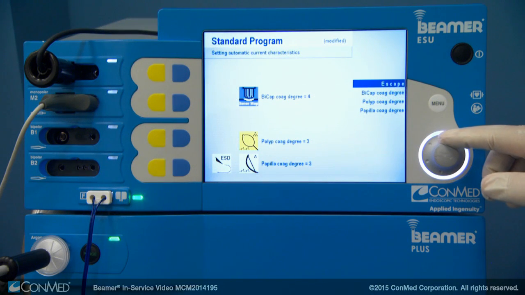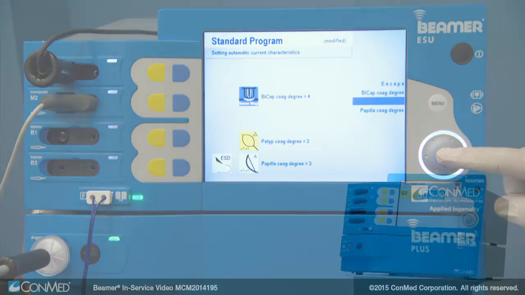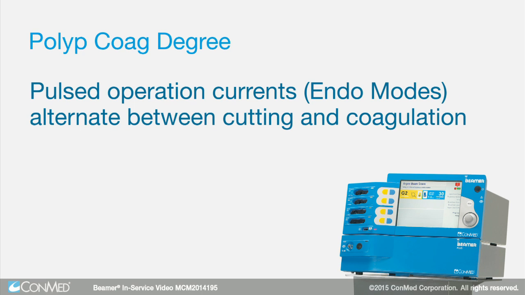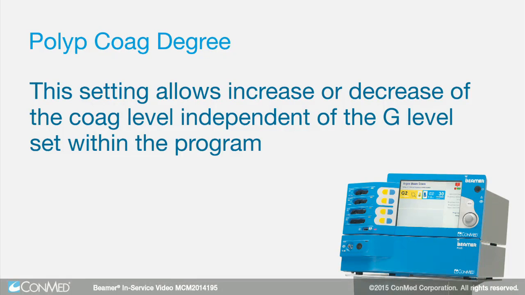The Polyp Coag degree item is used to set the level or intensity of coagulation between the cutting phases when in Polyp Pulse Cut 2. Pulsed operation currents, or endo modes, alternate between cutting and coagulation. This setting allows you to increase or decrease the coag level independent of the G level set within the program.